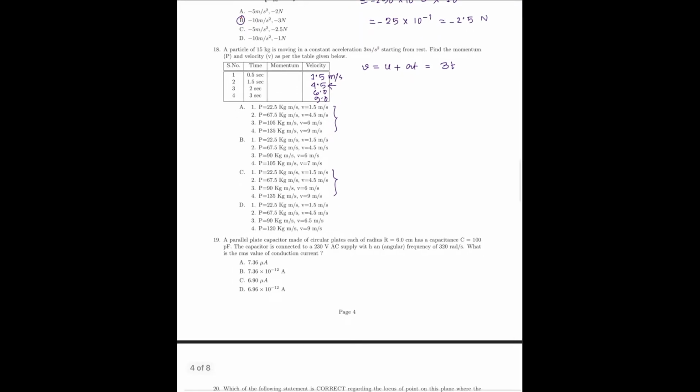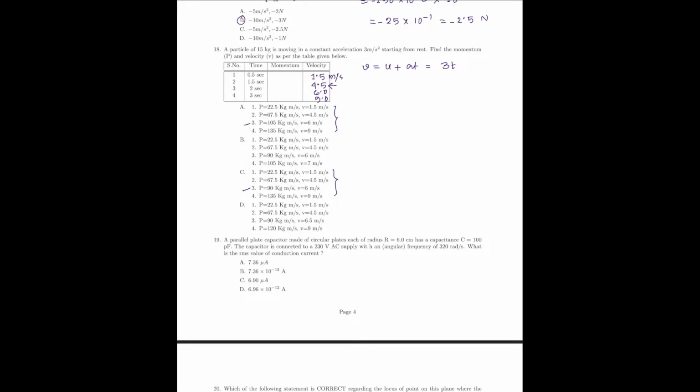As you can see, 1.5, 4.5, 6 and 9, these answers match with them, so we need to calculate the momentum only for the third option, because it is different in option A and option C.